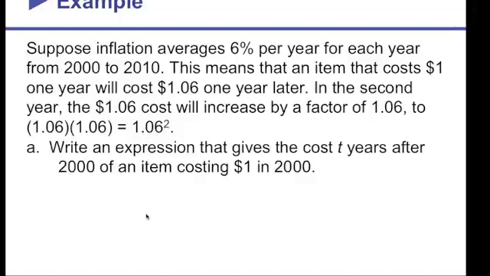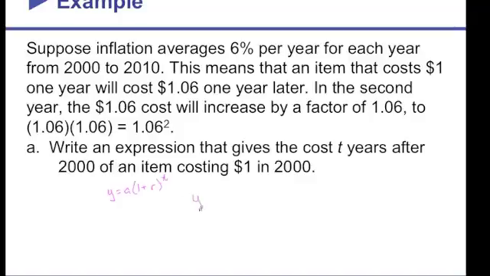We want to write an expression that gives the cost t years after 2000 for an item costing $1 in 2000. Well, this is going up, so we're using the form y equals a times (1 plus r) to the t.